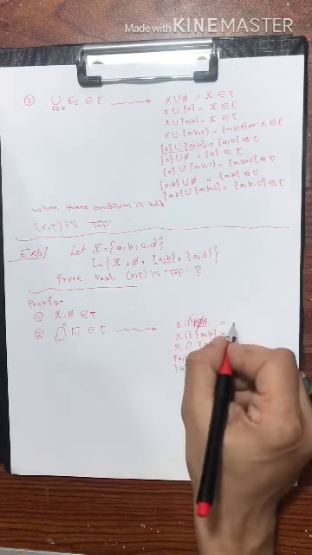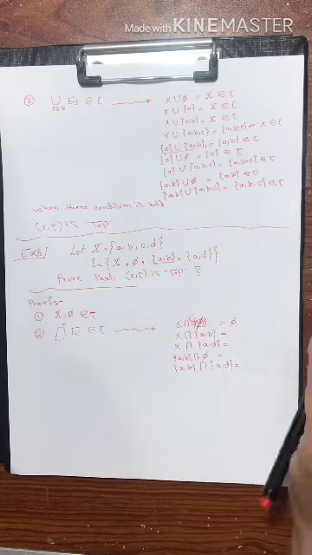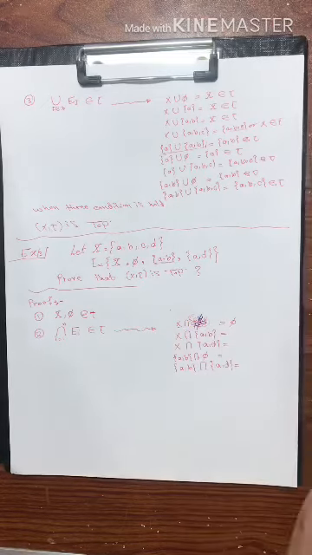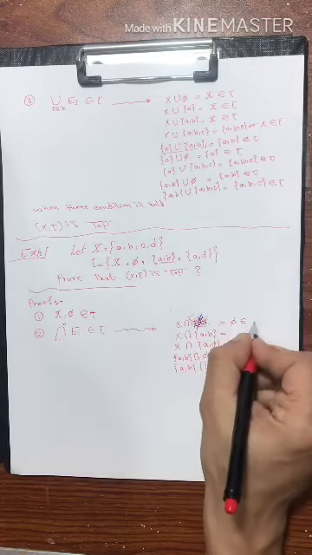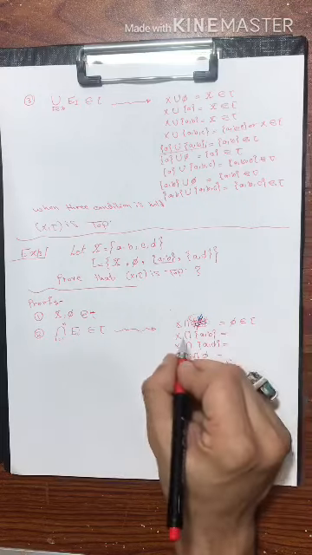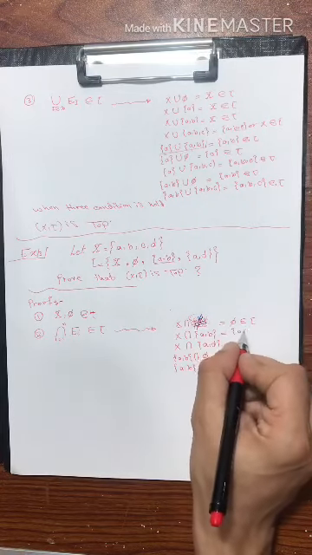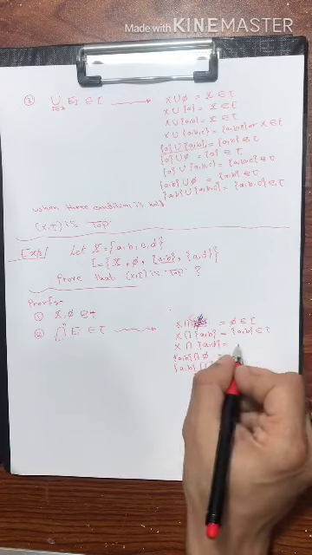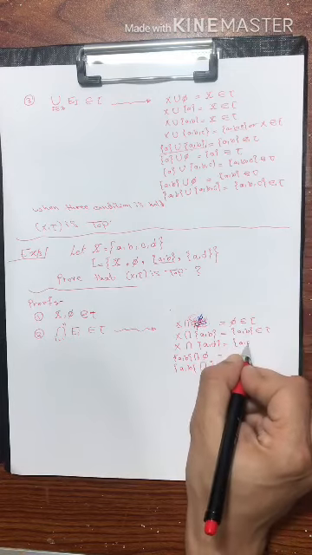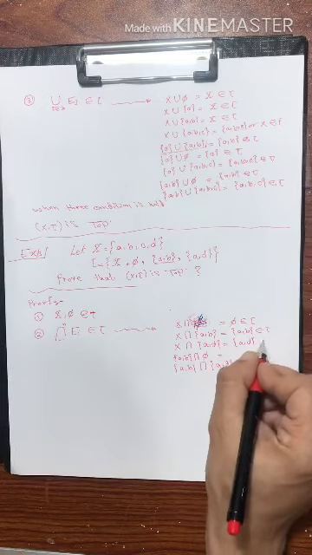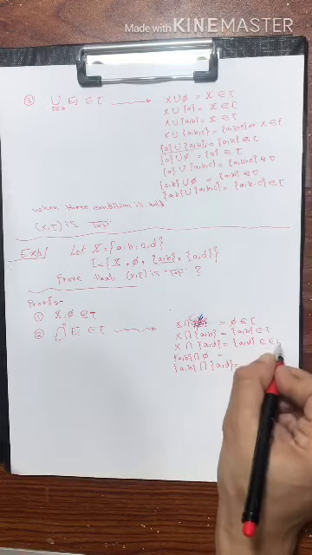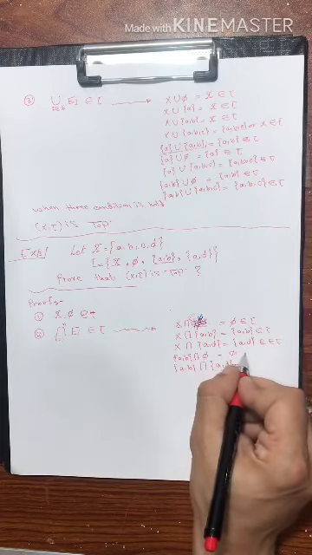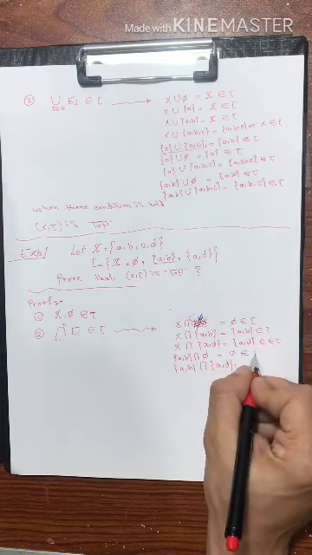Here the result is phi, and phi belongs to tau. Here the result is subset AB, and subset AB belongs to tau. Here the result is subset AD, and subset AD belongs to tau. Here the result is phi, and phi belongs to tau.